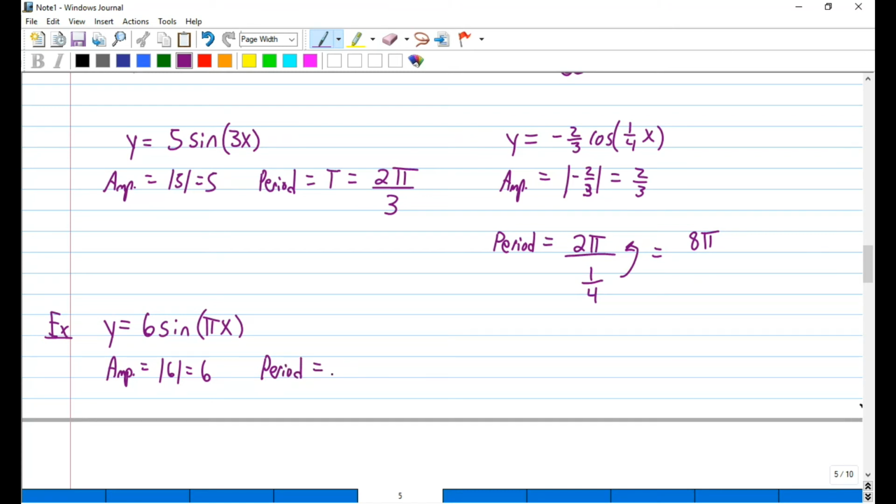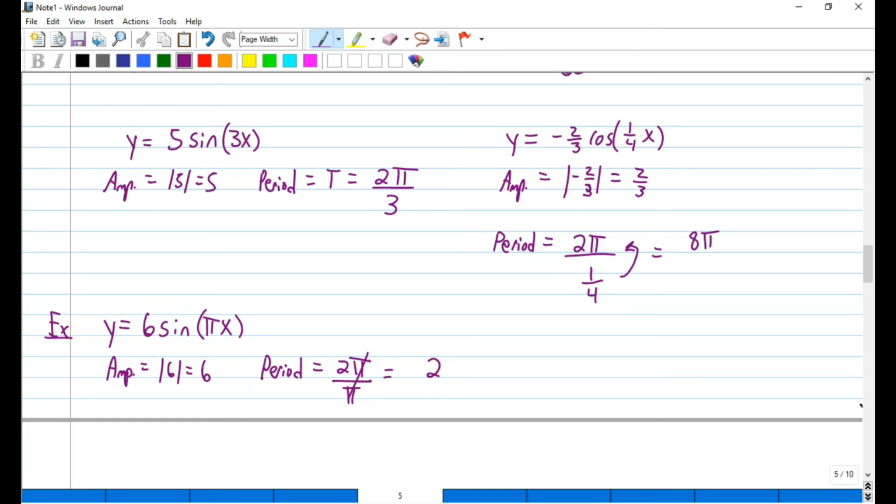The period is 2 pi divided by what? Pi. That's the number. Pi's a number. It's very yummy, but it is a number. It's in front of x. So, what do you think would simplify here? The pi's cancel out. My period would be 2.